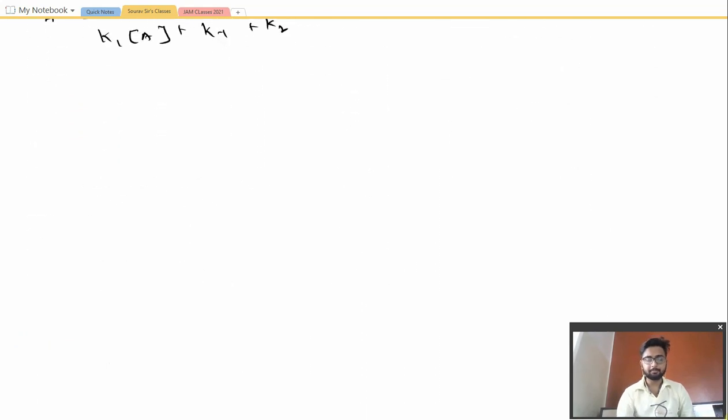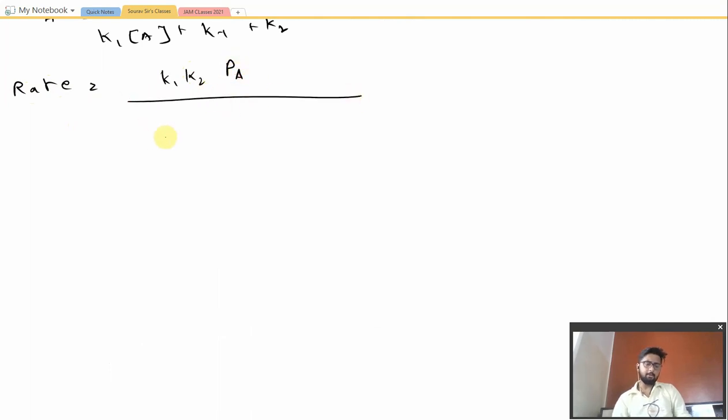So we will have rate equal to K1 K2 PA divided by K1 PA plus K2 plus K minus 1. We are just converting the concentration terms into pressure terms, both are the same. This would be the exact representation. Now we consider the pressure of A to be very high as mentioned in the question.